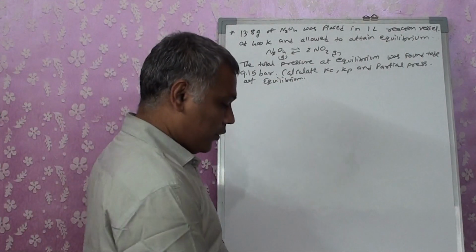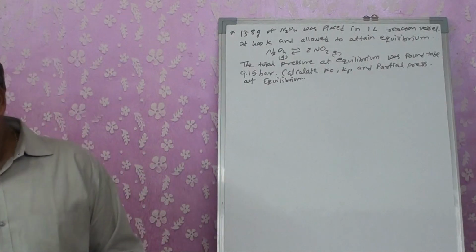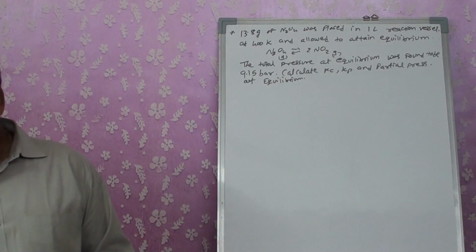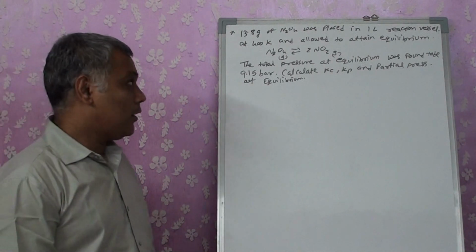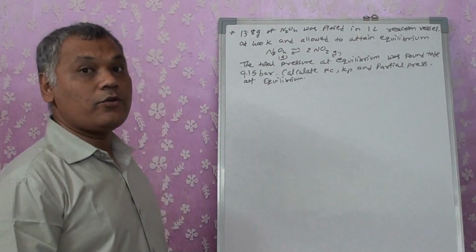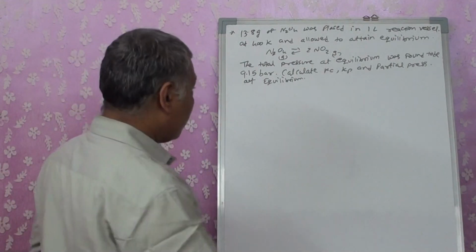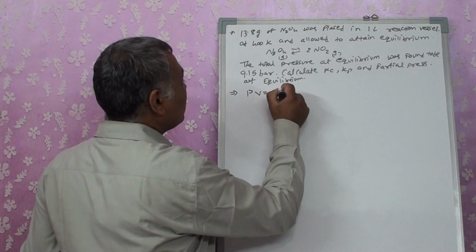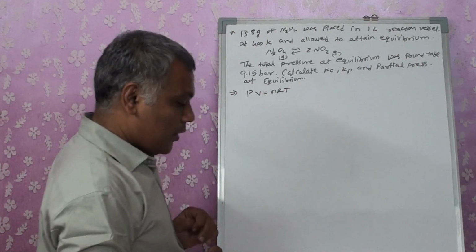See, this numerical is totally different from what we were doing. Neither Kc is given, nor Kp is given; everything is there to be calculated. So what is the first thing that we will do? PV equals nRT. I know it.